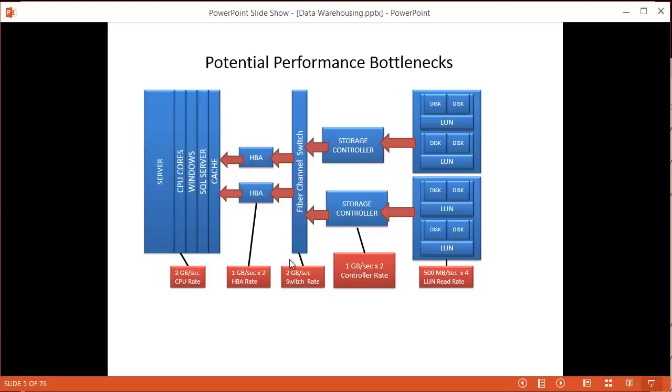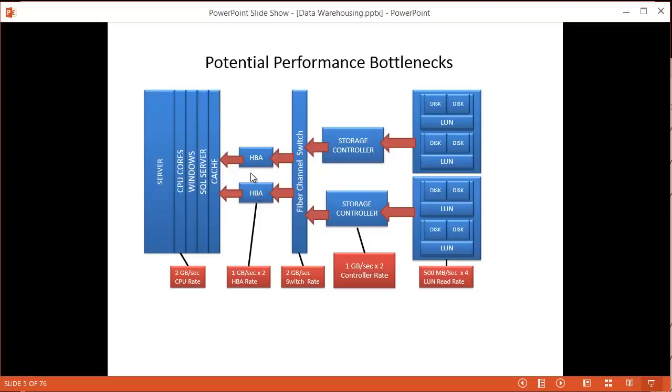And then, of course, your infrastructure responsible for your switches, in this case a fiber channel switch, needs to be properly set up and also have the capability of handling that 2 gigabytes per second. Special consideration needs to be given to setting up the interface from the switch to the server as well, to ensure that 2 gigabytes is also maintained.